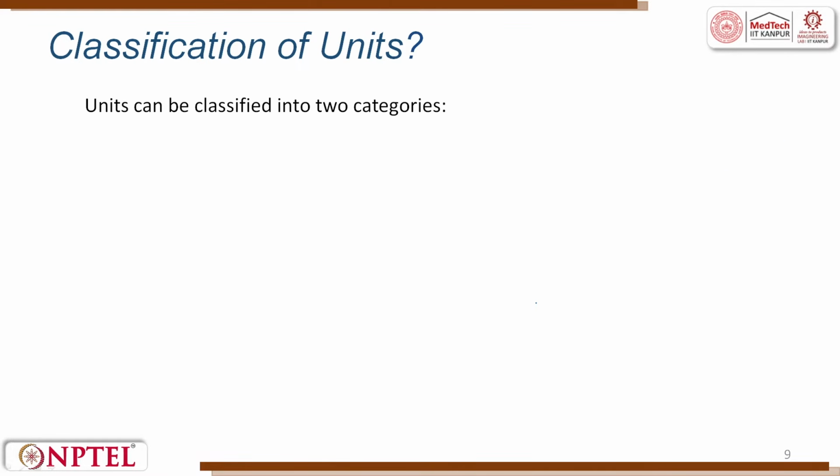Now, let us look into the classification of units. The units are basically classified into two categories. One is called fundamental units and the other is called derived units.